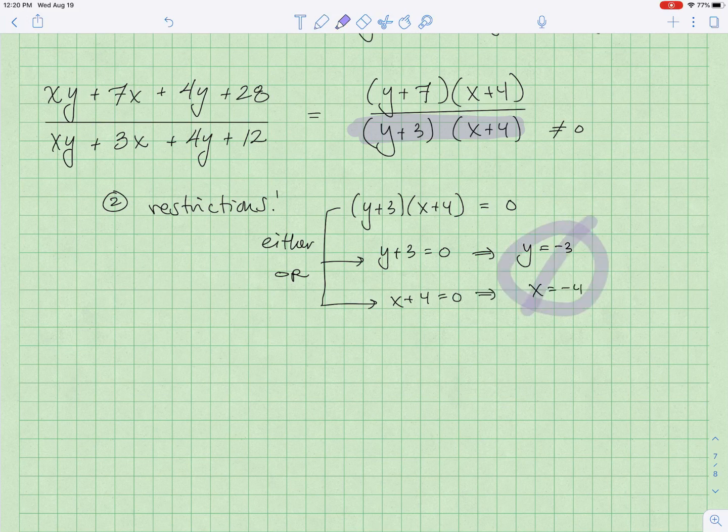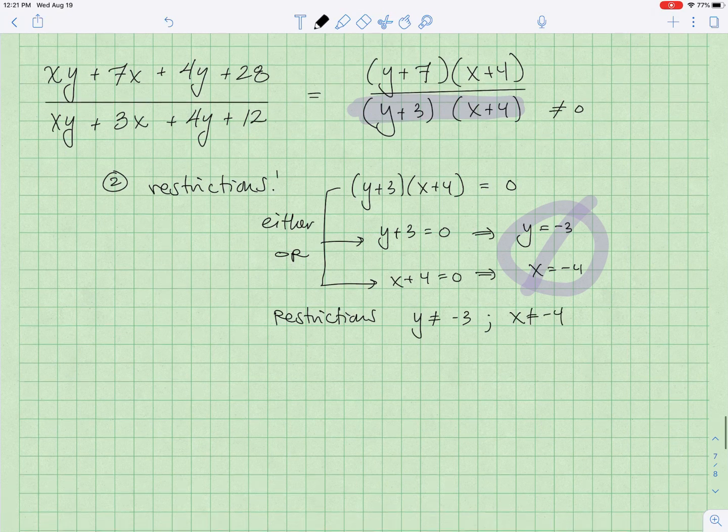And these are our bad values. We don't want those. So our restrictions are this time on two variables. We don't want y to be negative 3, and we don't want x to be negative 4.